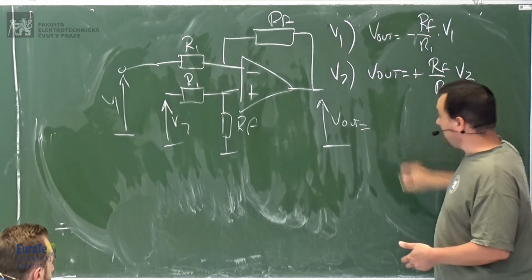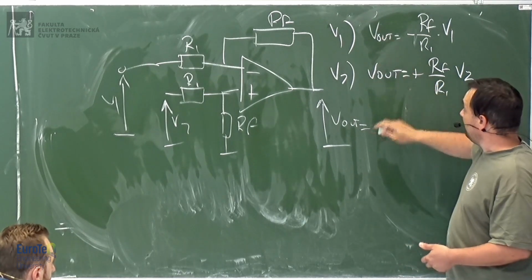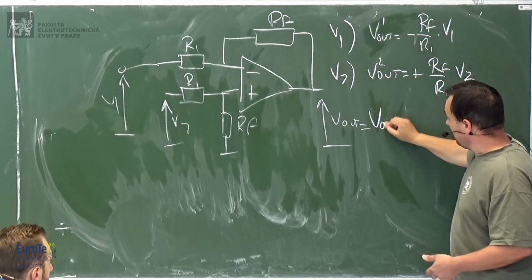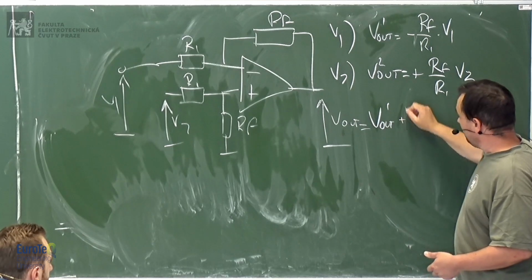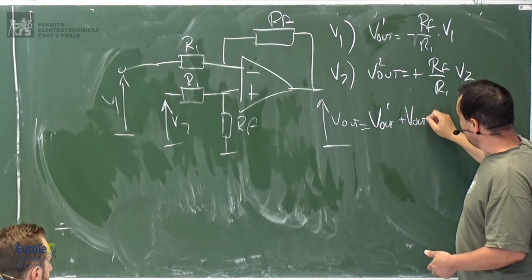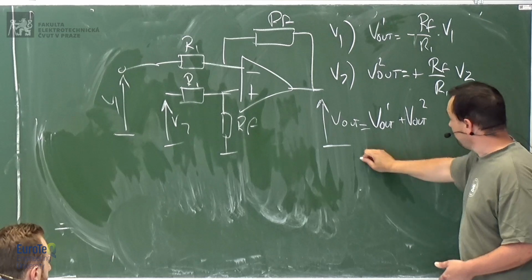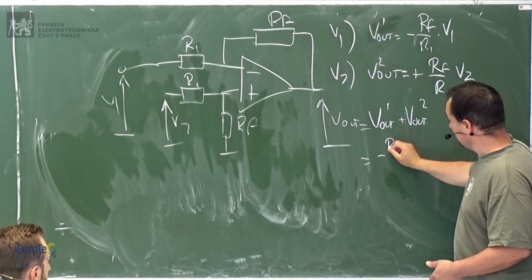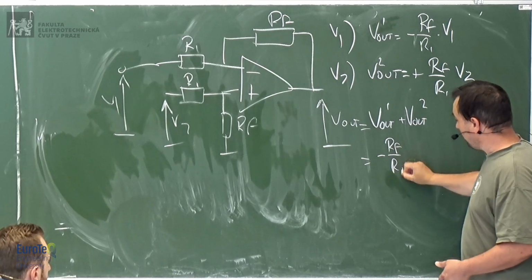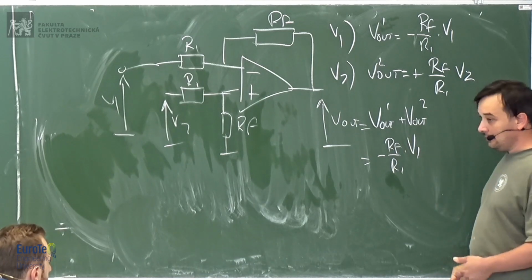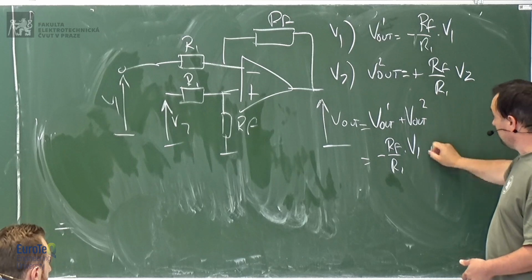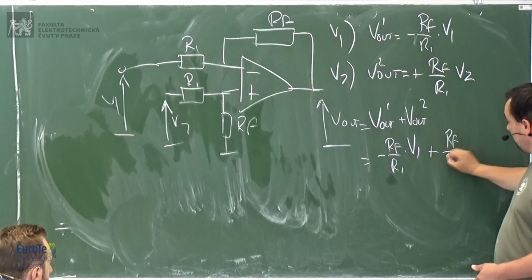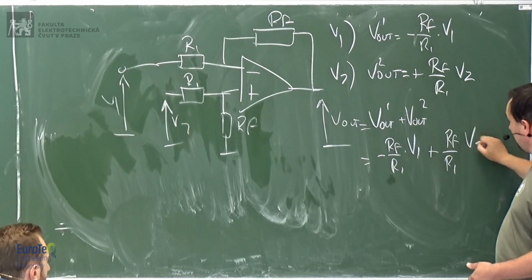So the final V out will be V out 1 plus V out 2, which means V out 1 is negative RF over R1 times V1, and V out 2 is RF divided by R1 times V2.